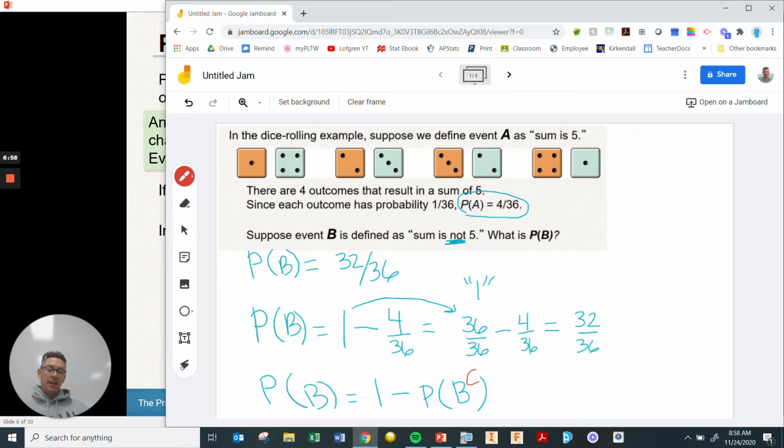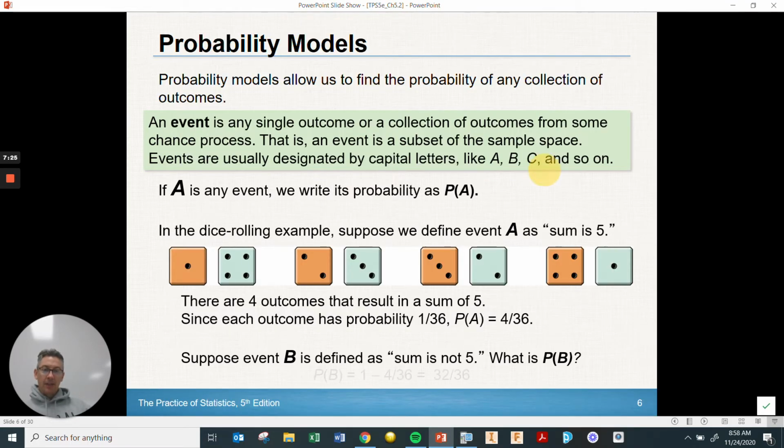B complement means everything except for event B. So if event B meant you didn't get a 5, B complement means you did get a 5. And so that's actually what I'm writing right here. This is the way that I solved the problem in this manner up here. Either way, we get to the same answer, but sometimes one method is easier. All right, let's keep going with this here.